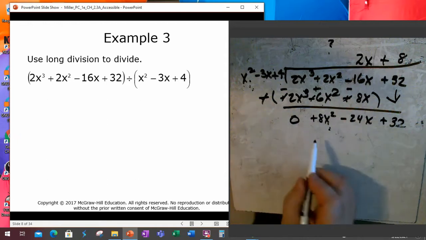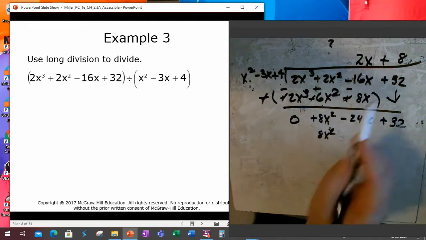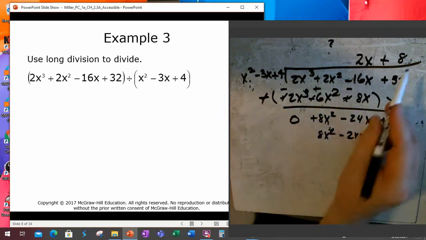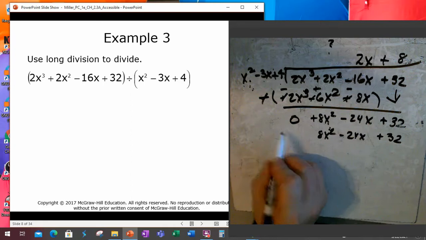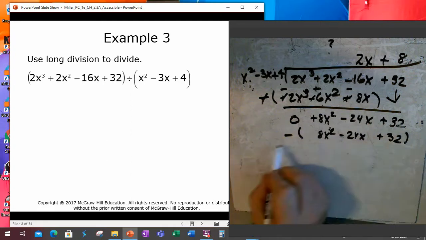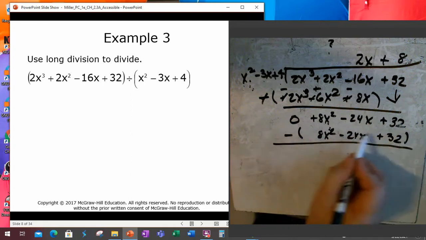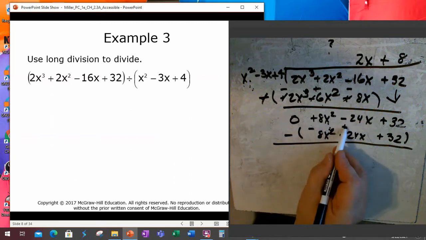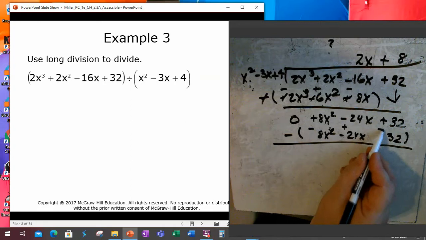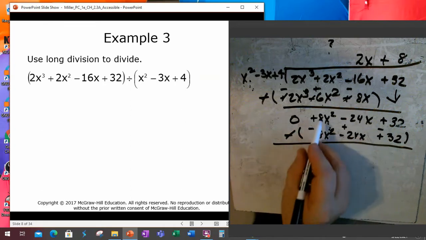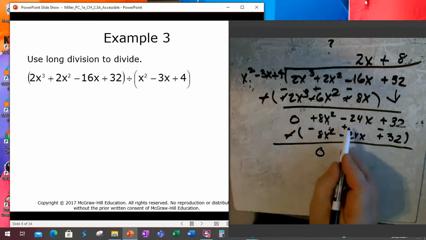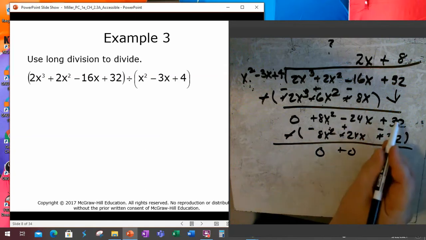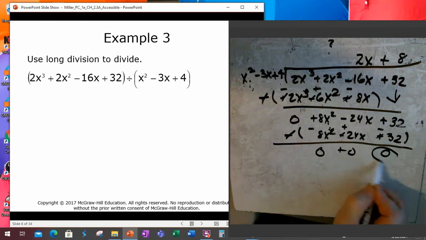So 8 times x squared is 8x squared, 8 times minus 3x is minus 24x, 8 times 4 is 8 times 4, plus 32, and then I'm going to subtract all of that, change the signs and add. That goes to 0, that's 0, that's 0. This is the remainder.